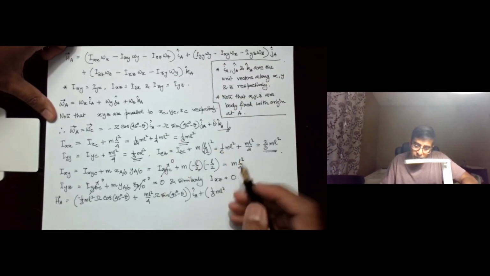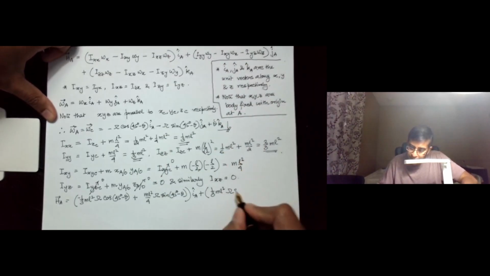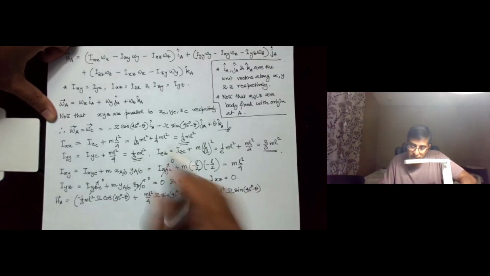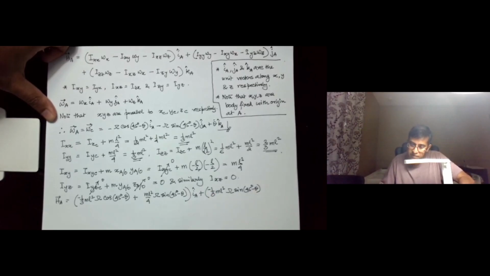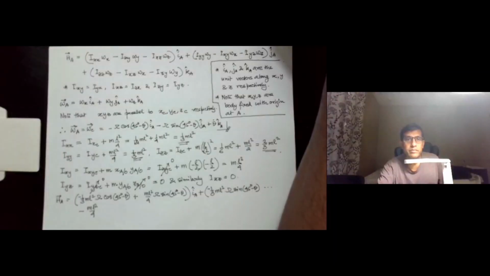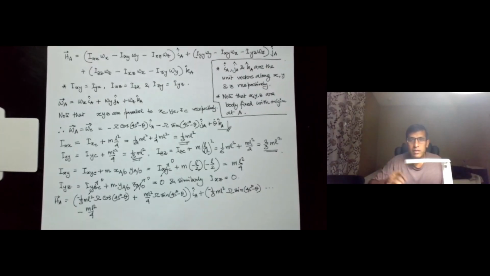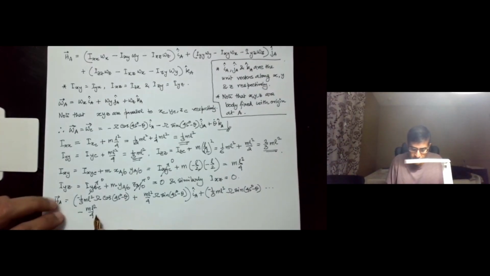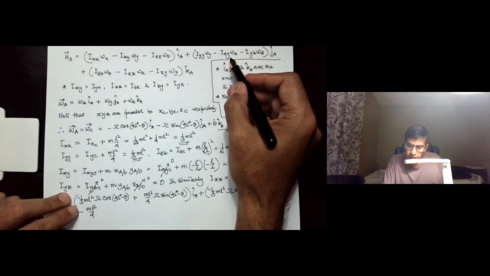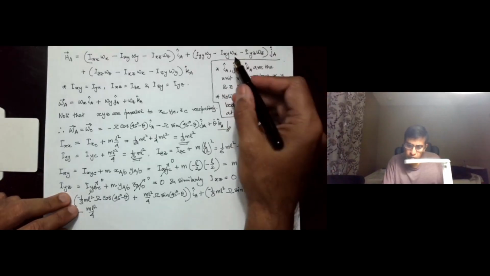Omega y is capital omega sine 45 degrees minus theta with a negative sign, so I'll bring the negative sign here, and then we will have minus ml squared over 4 times omega x.